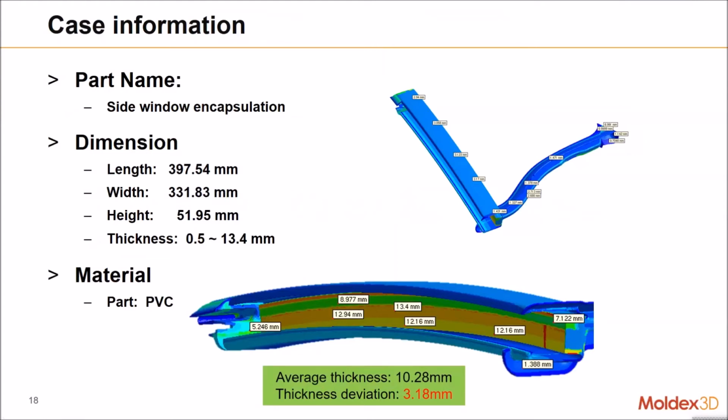At that time, we measured the cross section and found the average thickness in this region is 10.28 millimeter, but the thickness deviation is 3.18 millimeter. The 3.18 millimeter is too high to be accepted by our customer.